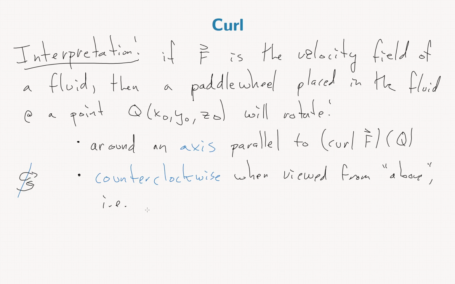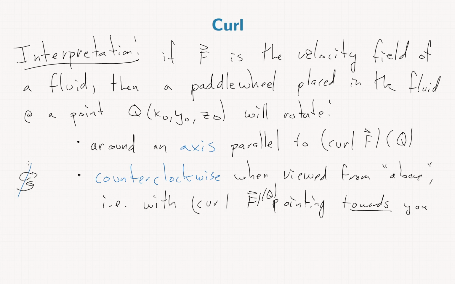Or in other words, with curl F at Q pointing towards you. So if we just said parallel to this, then that doesn't distinguish curl F from negative curl F, but now this does.